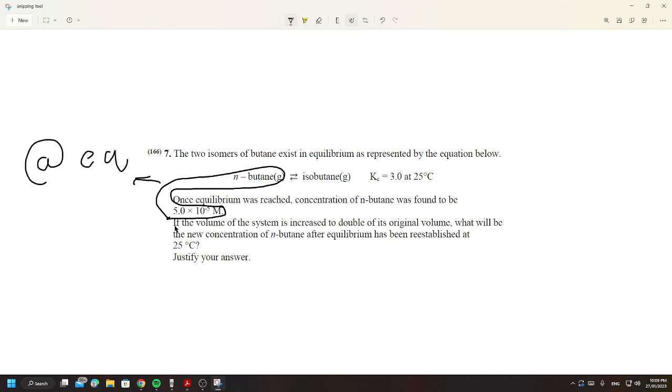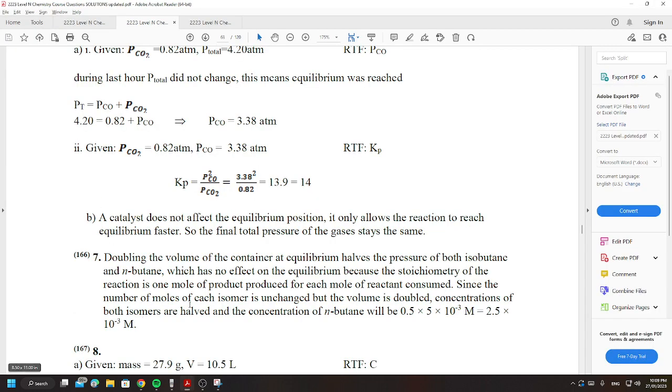If the volume of the system is increased to double its original volume, what will the new concentration of n-butane be after the equilibrium has been reached at 25 degrees Celsius? The volume. Wouldn't it just stay the same in this case?